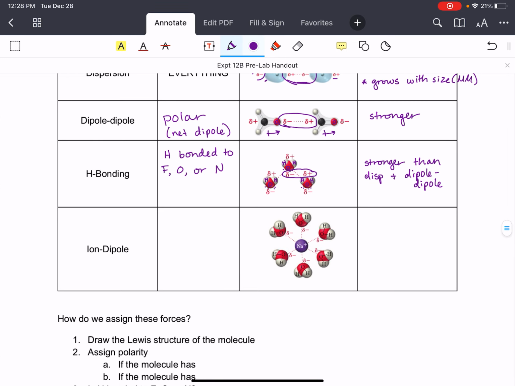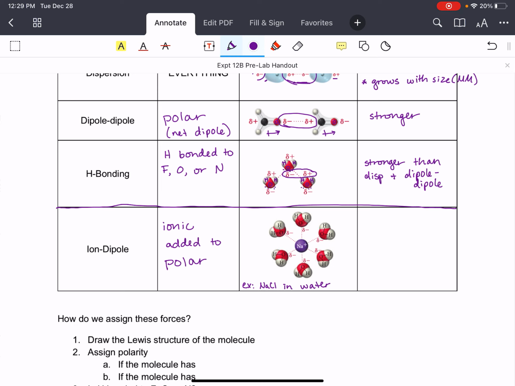Then we have ion-dipole, which is a bit of a different intermolecular force because the other attractions happen in covalent molecules, and this happens when you have an ionic substance that gets added to a polar substance. You have to have both of those components in order for the ion-dipole force to exist. This is especially noticeable when you have something ionic like NaCl dissolved in something really polar like water.